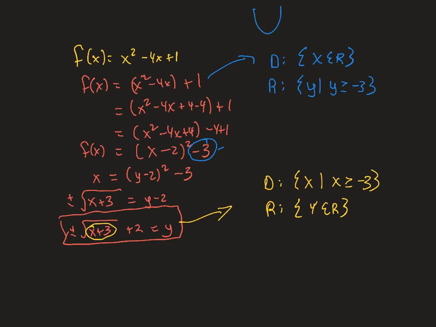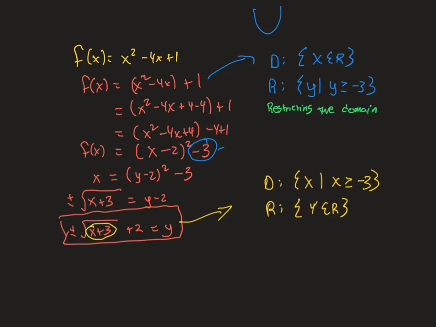Of course, though, if you want to make this into a function, because right now it is not a function, so to make it into a function, you have to pick one part of your parabola, just like we did in the previous video. So if I want to pick one part of my parabola, so restricting the domain, you can pick either the left side or the right side.